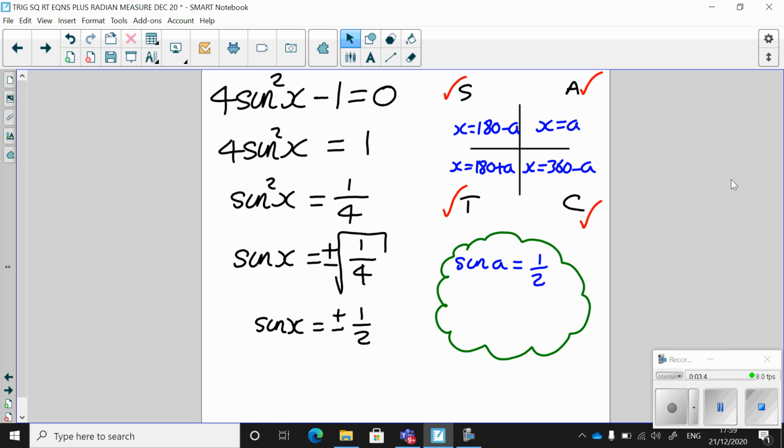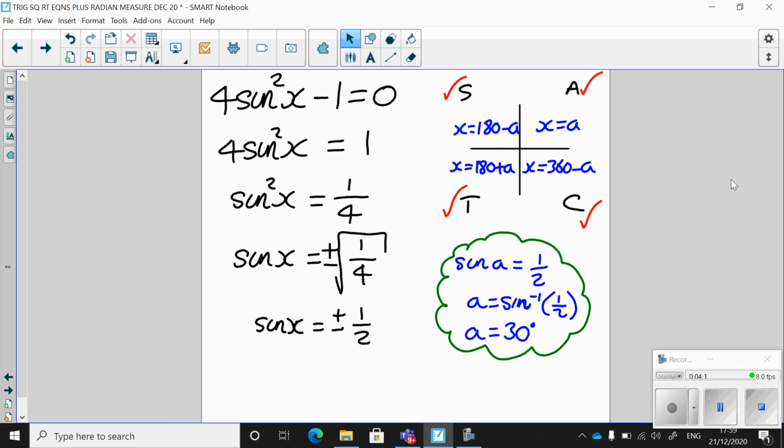And we'll get rid of positive and negative. So officially, that's a hard positive there. Sine A equals a half. In your calculator, A equals inverse sine of a half. Sometimes you call it sine to the power of minus 1 of a half. It doesn't matter, as long as we know what we're both talking about. Put that in your calculator, press the button. What do you get? Yes, good. 30 degrees. It won't show the degree sign in your calculator.